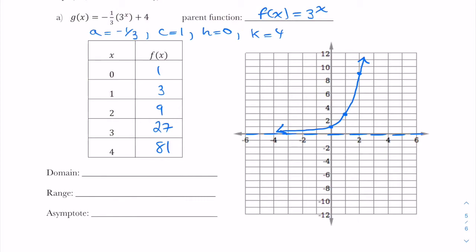So I'll plot a second graph where the x values stay the same and the y coordinates are multiplied by negative a third. This is shown next.